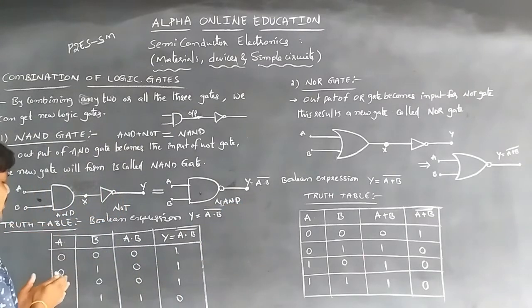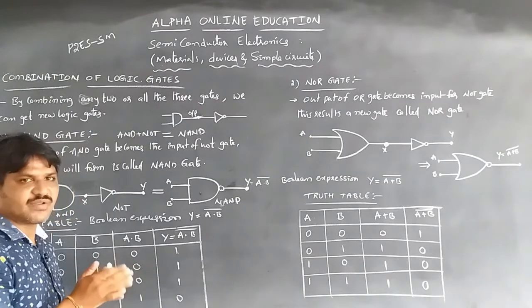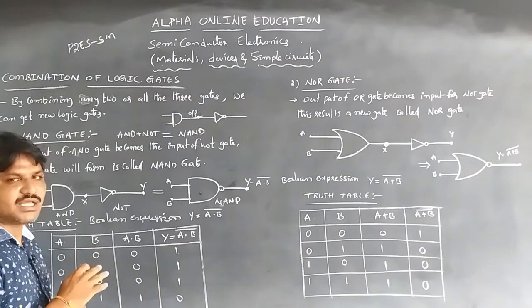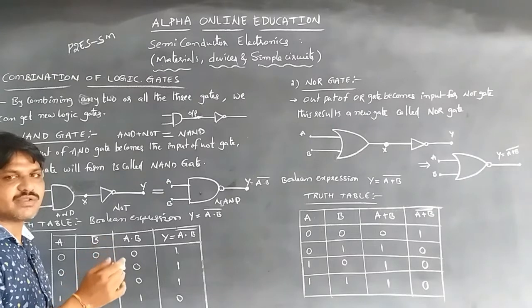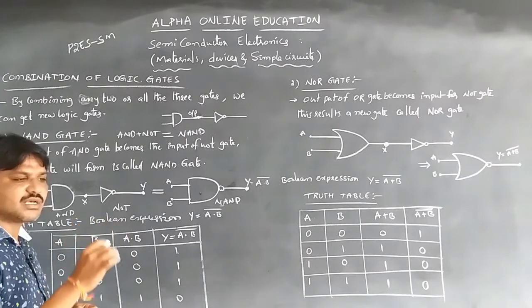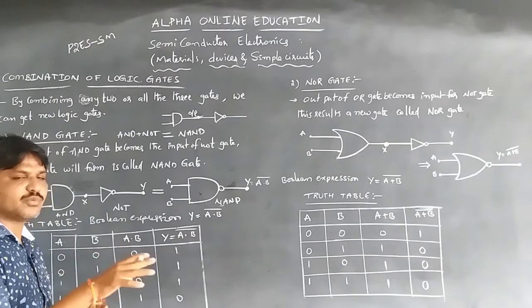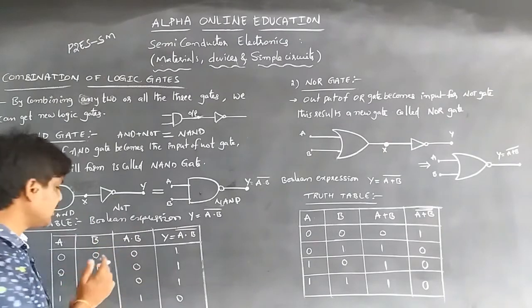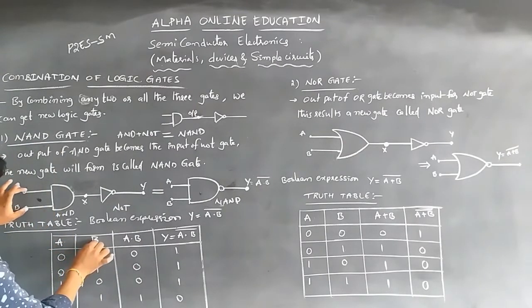According to the truth table, in the AND gate the output becomes high only when all the inputs are high. In any other case, the output will be low. Here A and B are the inputs.